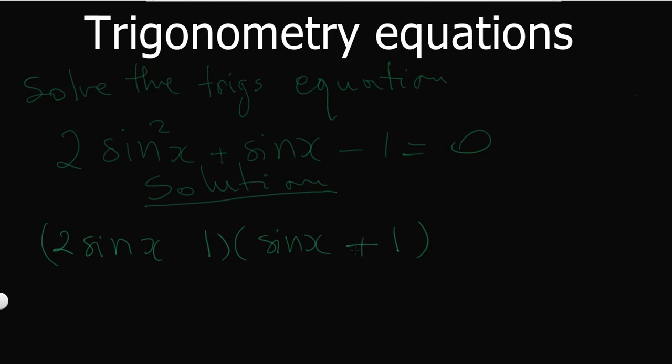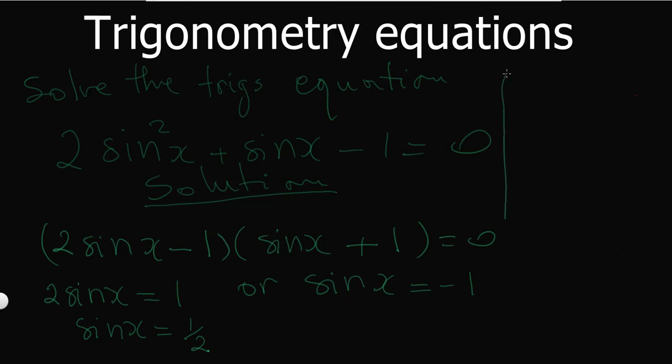Here should be plus, because when you multiply it will be plus 2, and when you put minus here it will be minus. So you have this equal to 0. Therefore we have 2 sine x is equal to 1, so sine x will give you 1 divided by 2. Or you have sine x equal to minus 1. So these are our two solutions.